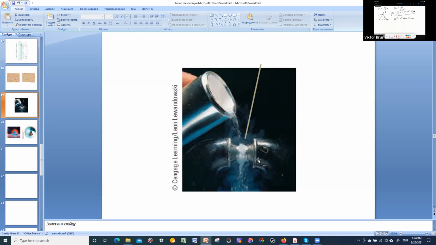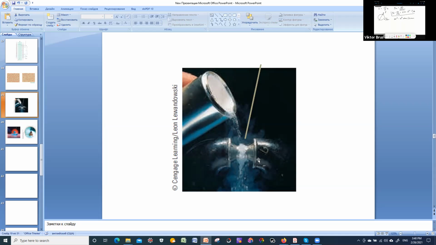So as a result, paramagnetic materials enhance the magnetic field slightly, so they slightly increase the magnetic field inside these materials and are attracted to different poles of permanent magnets if we place them in between these poles.